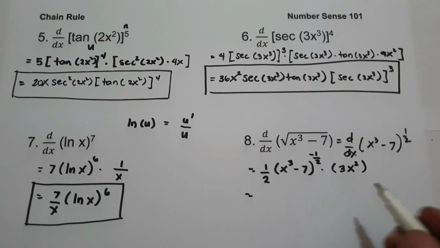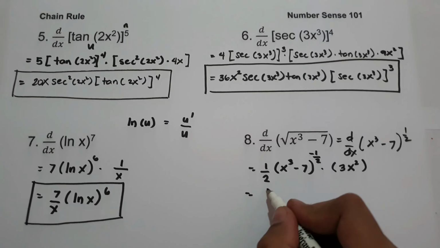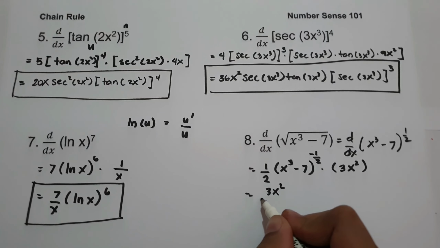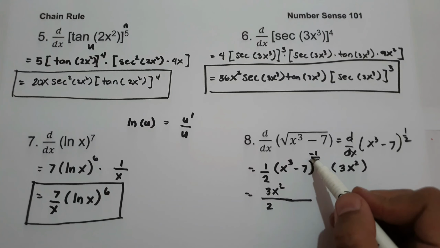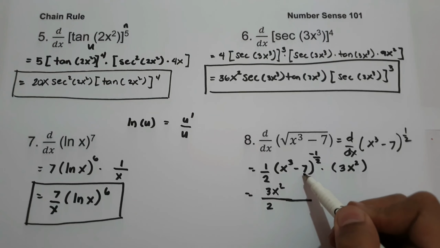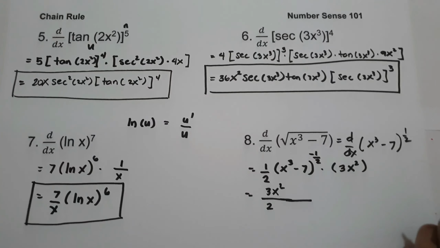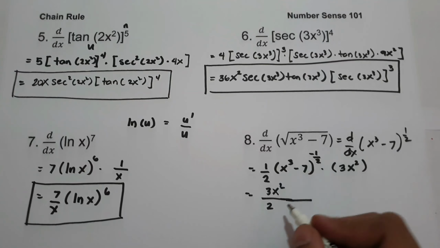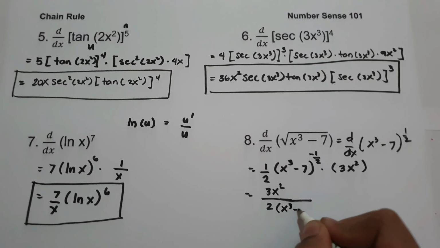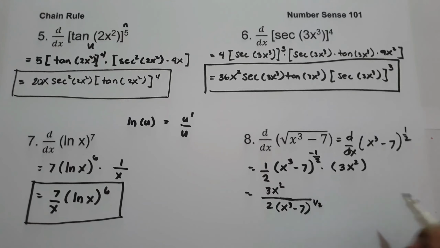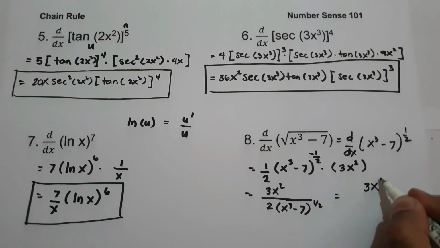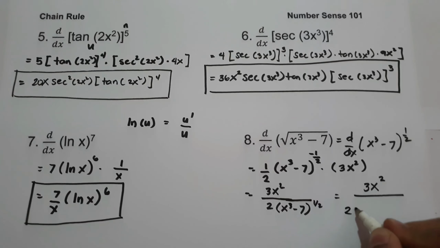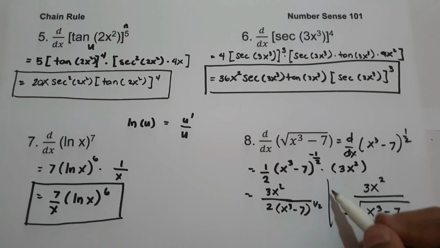And to simplify, let us have 1 multiplied by 3x squared, that is 3x squared over 2. And then, since we have a negative sign on the exponent and x cubed minus 7 is written on the numerator, let us write this one on the denominator to eliminate the negative sign on the exponent. So let us have x cubed minus 7 raised to positive 1/2. And to write our final answer, we are going to have 3x squared over 2 square root of x cubed minus 7. And this will be our answer.